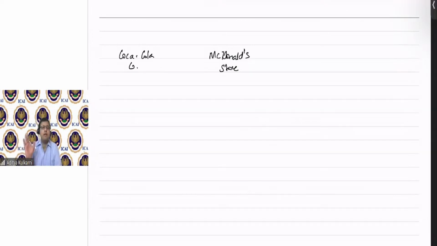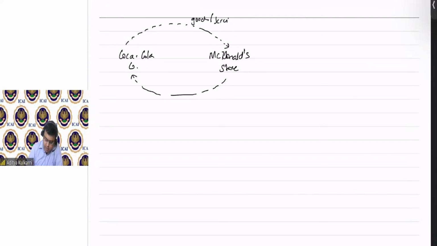You should not be selling others' beverages. I will be providing the beverages to you. Fine, McDonald's says okay, but then McDonald's will also make a payment for the beverages. So this is the supply of goods or services, and this is the payment.